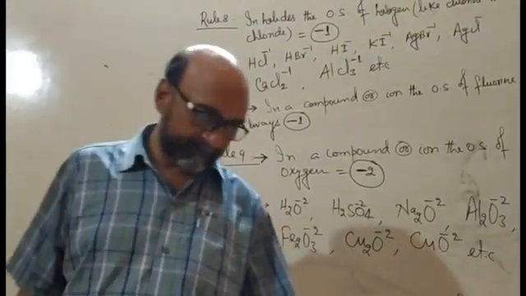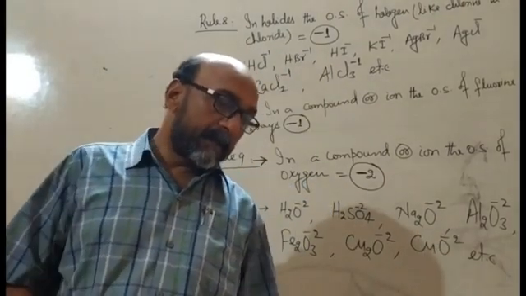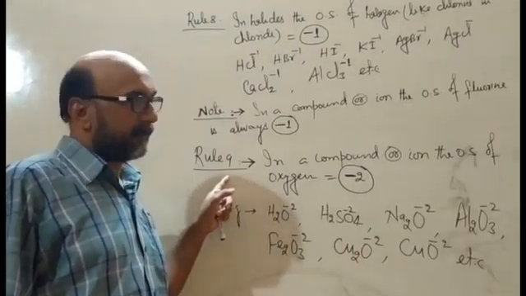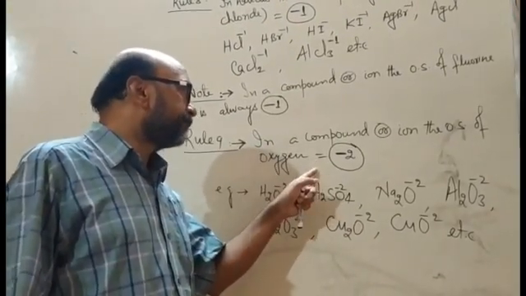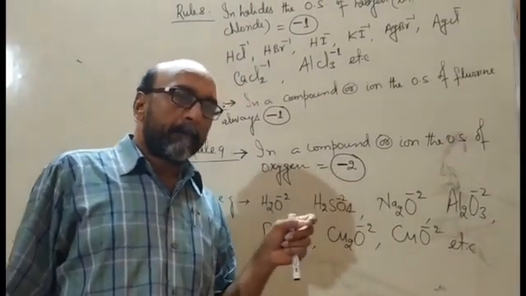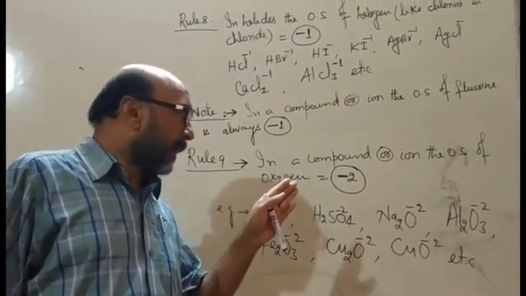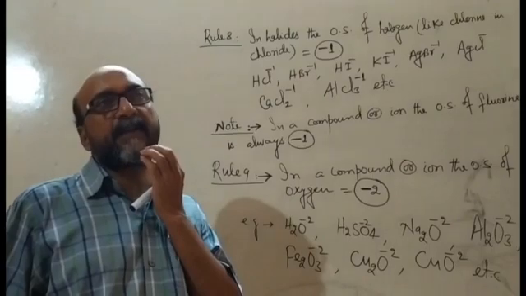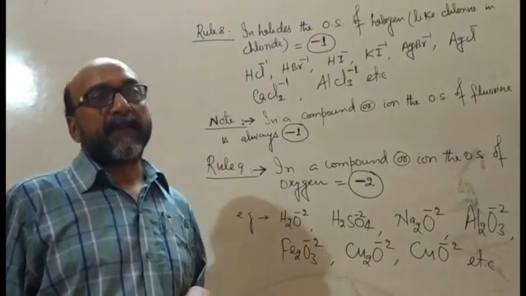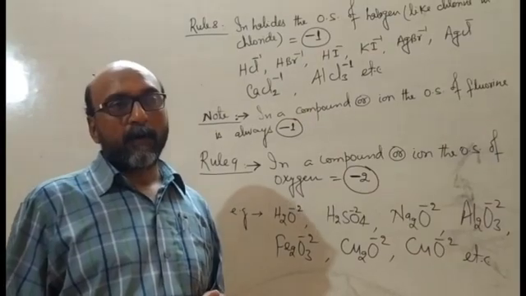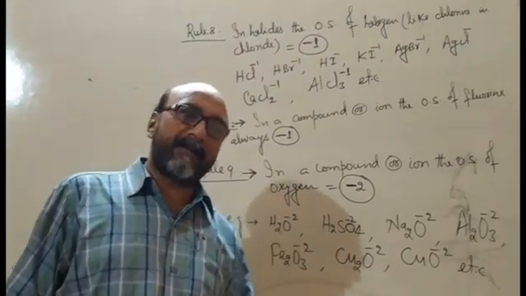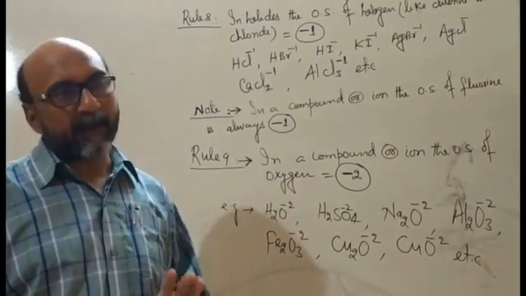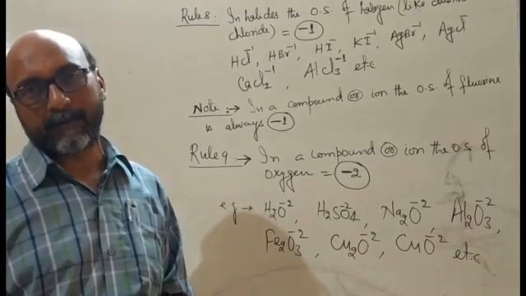But in the case of rule 9, other than the minus 2 oxidation state, oxygen possesses 4 other values of its oxidation state in different kinds of compounds.